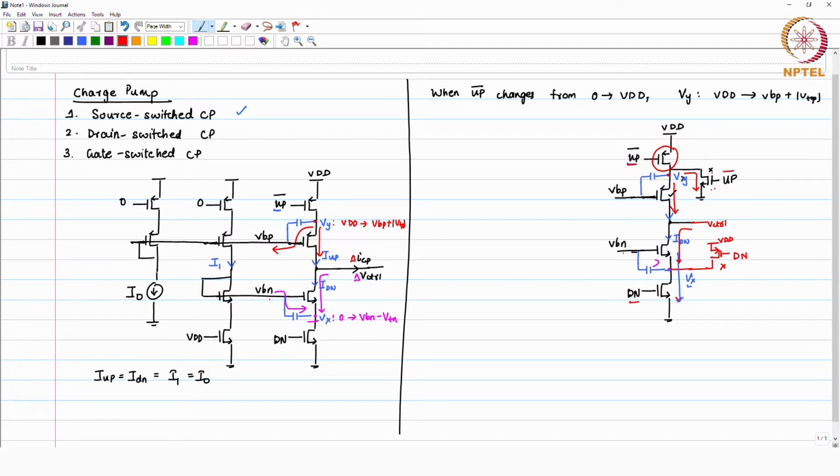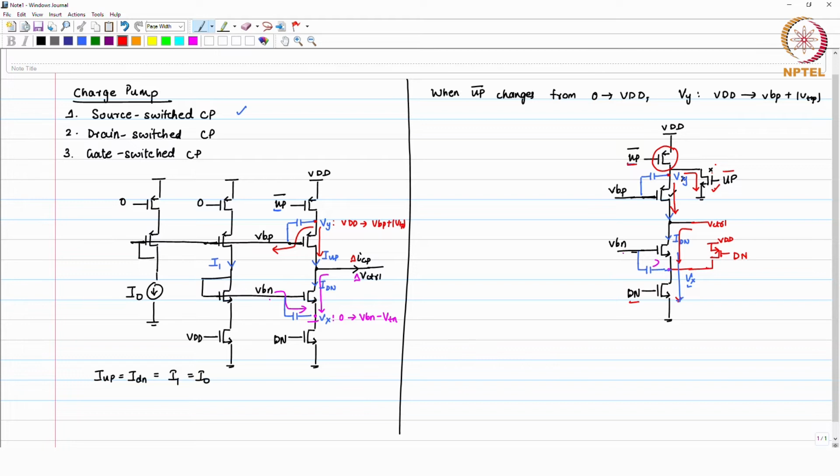There are options to choose MOSFETs, both these MOSFETs with high VT or something, to make sure that this particular voltage does not go all the way to ground, it can go to some potential. So, those things can be done.